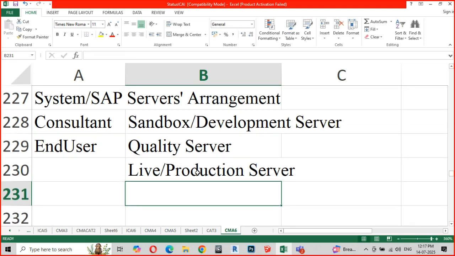The live server or production server is a critical space where you have the data of the company. This is the place where all the end users carry out their day-to-day operations. I hope you got this.